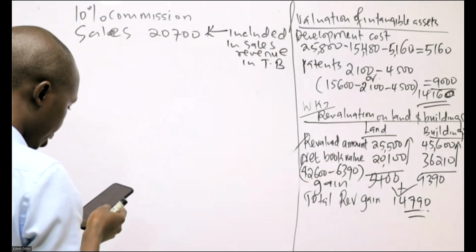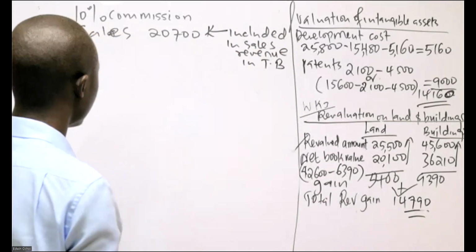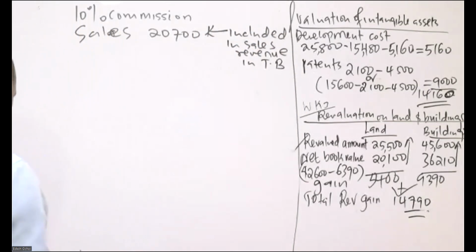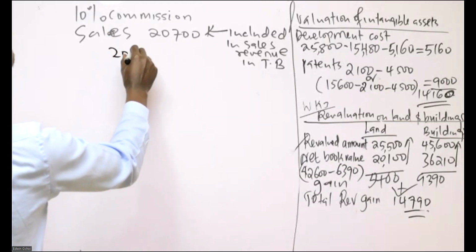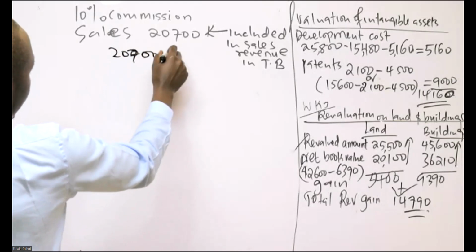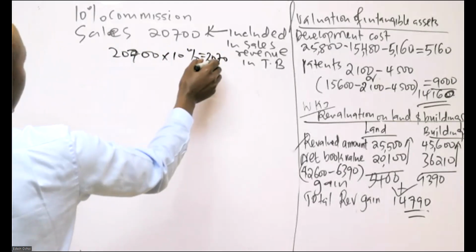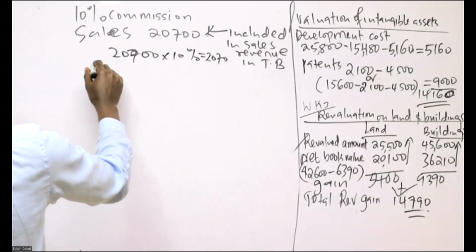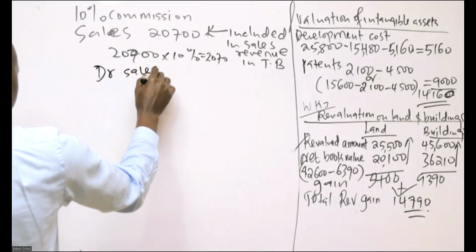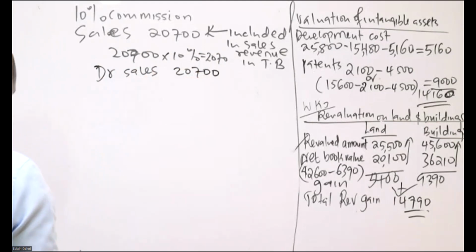Savannah had not remitted the net sales proceeds to Majani, so he had not remitted after deducting his commission. The commission is 10% of 2,700, so 270. So what am I supposed to do to sales? He has to remit, so we debit sales 2,700, remembering that this amount was already included there.